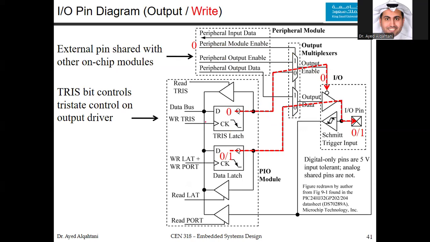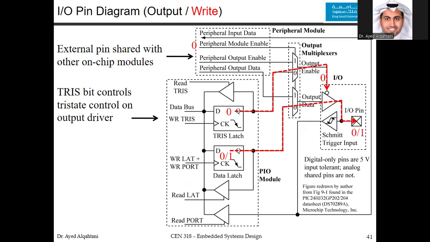So you should program the TRIS as 0. You will write it down in your C code. The value will go through the bus, and it will be stored only here and not here. To make sure that the TRIS is stored here, the moment the value is there, the clock will be activated. So the writing clock of the TRIS will be activated, you will have a falling edge here and the value will be stored.